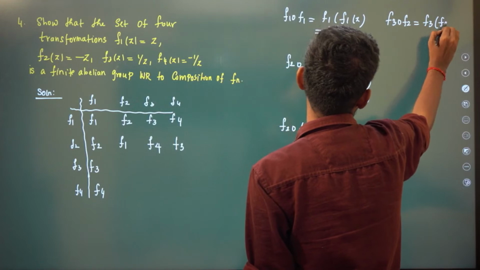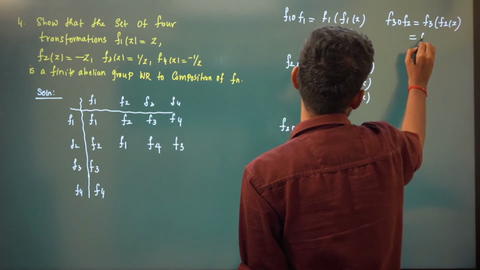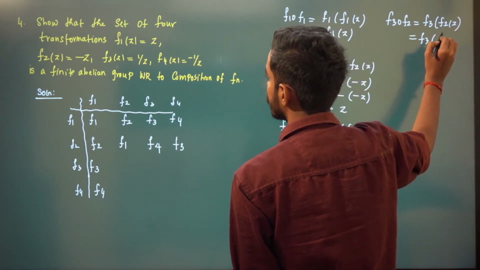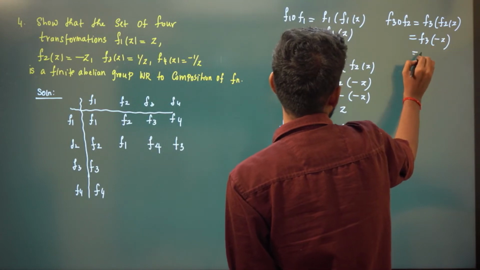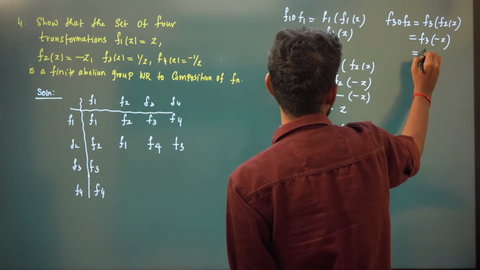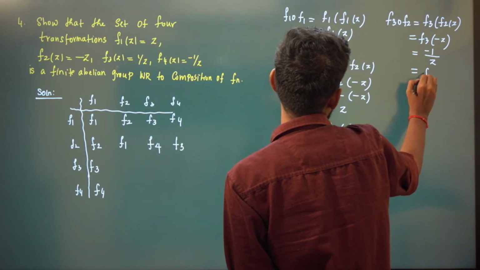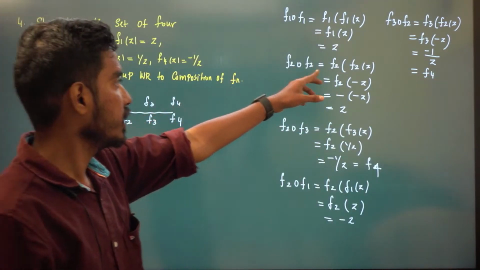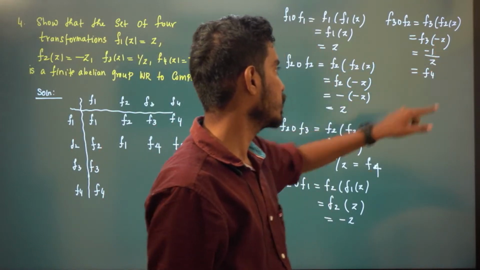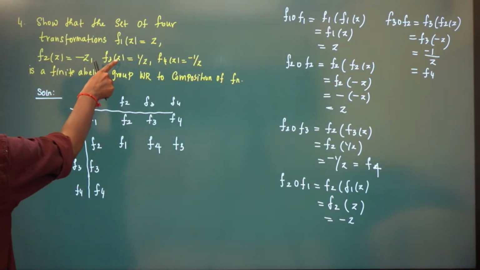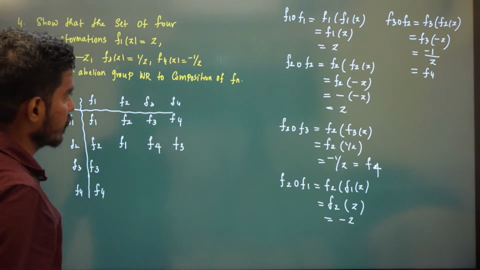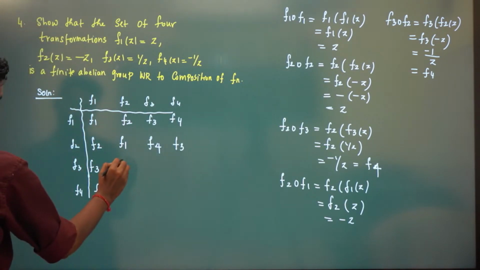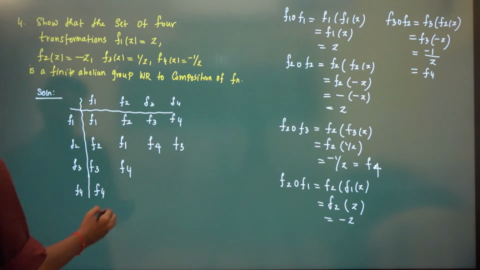F3 of F2 of Z. F2 of Z is minus Z. So F3 of minus Z is minus 1 by Z, which is F4. See, it is very simple. In F3 of Z, you replace Z by minus Z, which is F4.